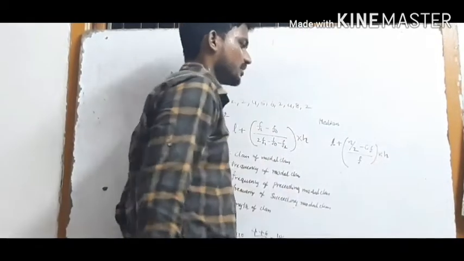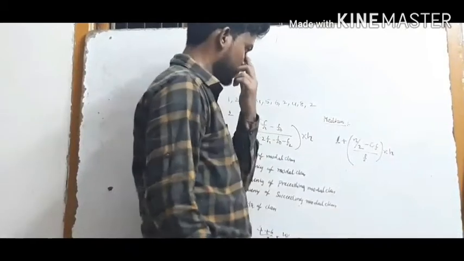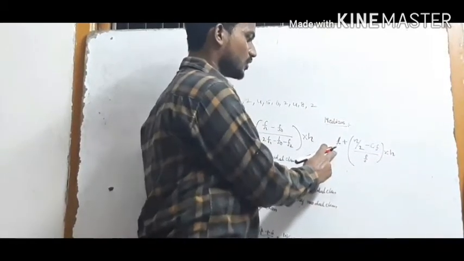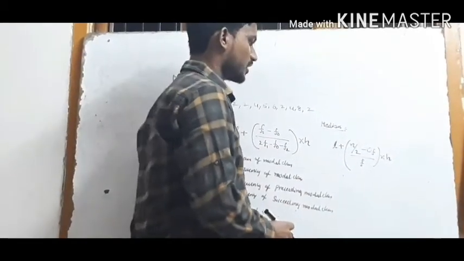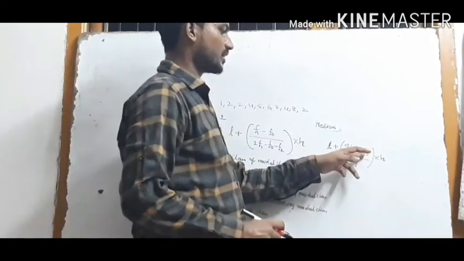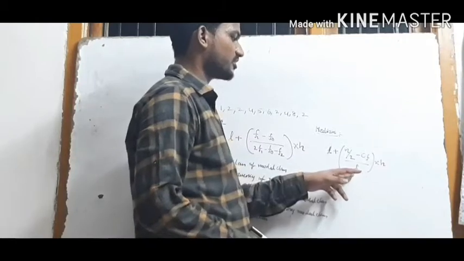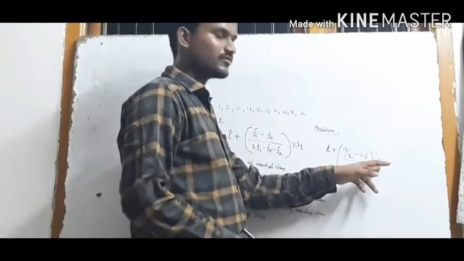This is the formula for median for grouped observations. L is the lower limit of the median class, n is the number of observations, CF is the cumulative frequency, F is the frequency, and h is the length of the class.